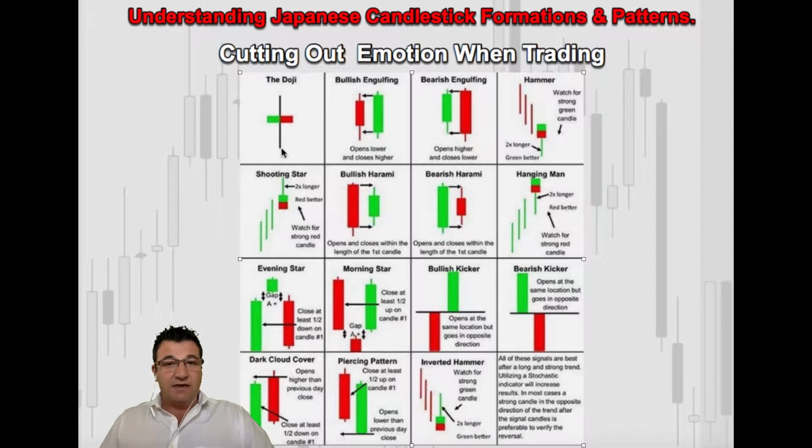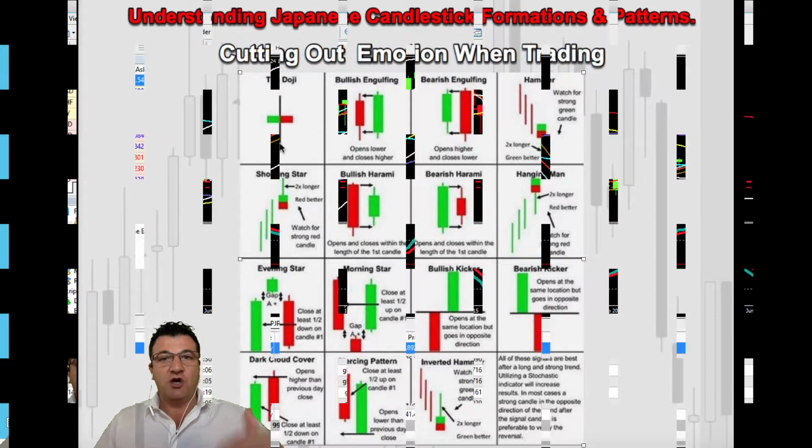Basically, the trade opens here and it closes very close to or exactly on the point of entry, forming either a cross or something that can be confused with a spinning top, but the body of the candle is very, very small. The longer the wicks are, the better the signal is for you, and that will give you an indication of whether you should be entering or exiting that trade.